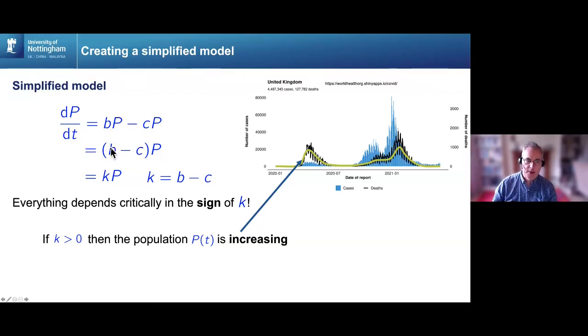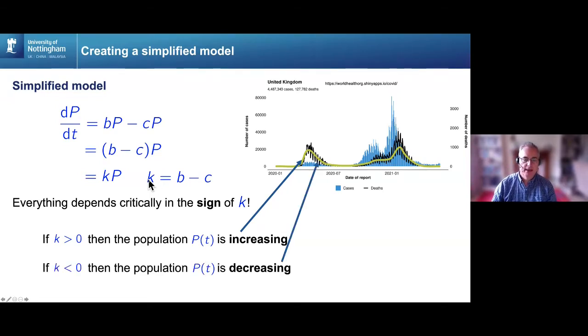The parameter B, that again we have to decide by talking about the NHS or Office of National Statistics, can get smaller, and maybe then K could become negative, and that might characterize when we're starting to recover and numbers are falling later on in the epidemic. So this equation can account for both sorts of behavior.